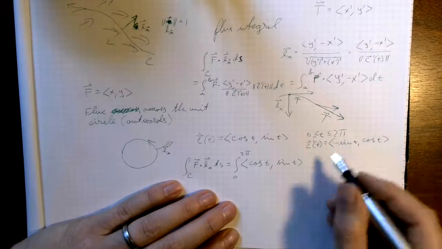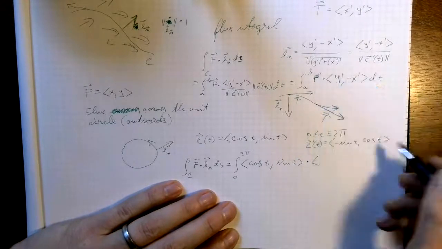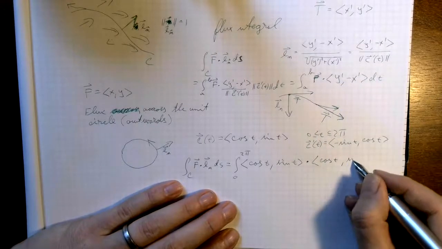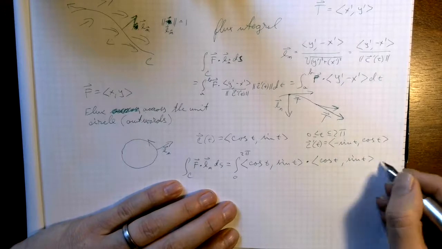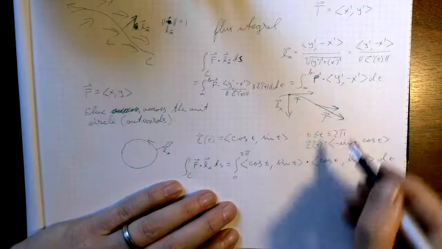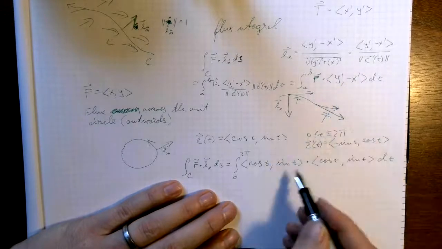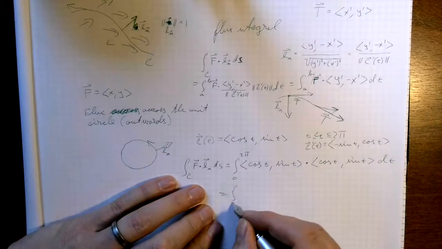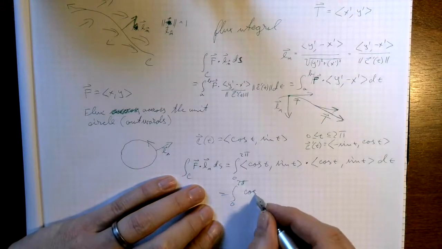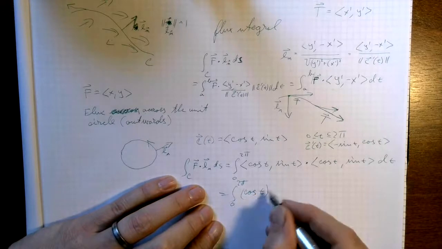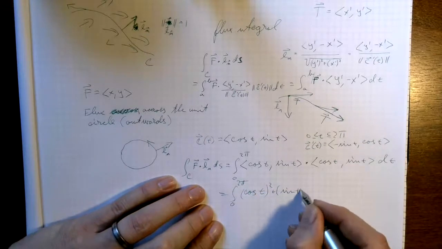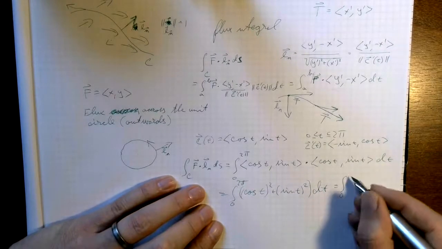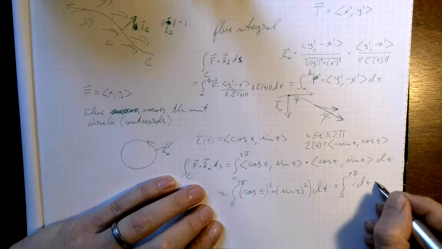So now I have y prime, cosine t, minus x prime, sine t. And so what is this? Again, we get cosine t squared plus sine t squared dt, and that's the integral from 0 to 2 pi of 1 dt, so 2 pi.